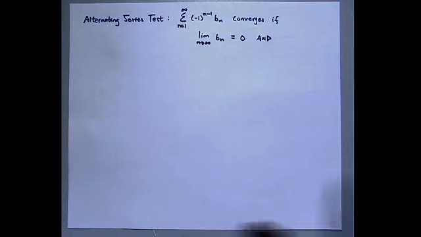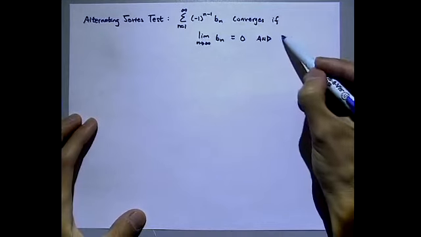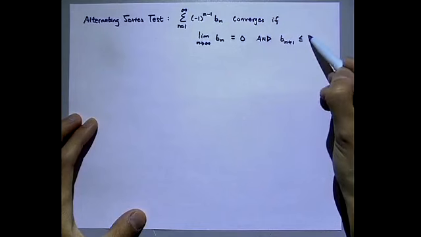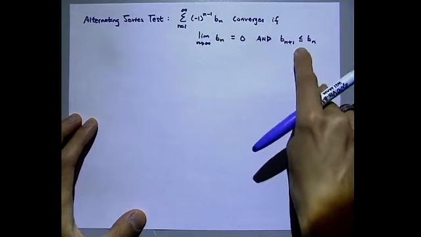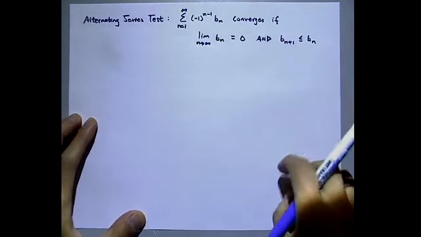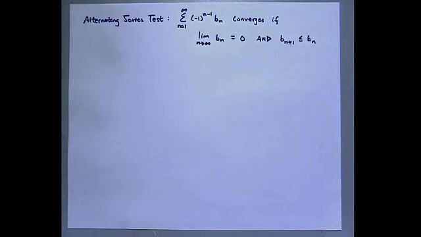Getting smaller, right? The bn's are getting smaller. So bn plus 1 must be less than or equal to bn. It's okay to be equal if they all go to 0. That doesn't matter. But less than is, of course, a stronger confirmation that these things will be convergent.